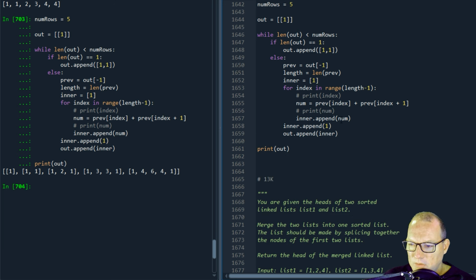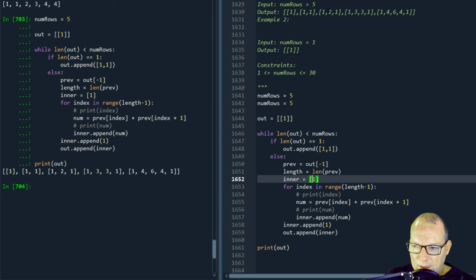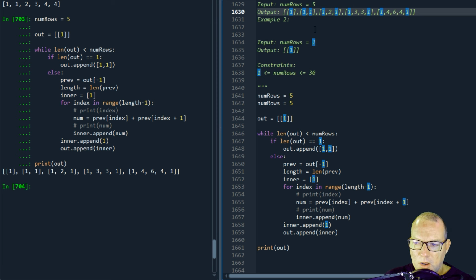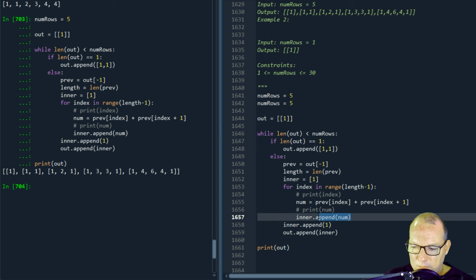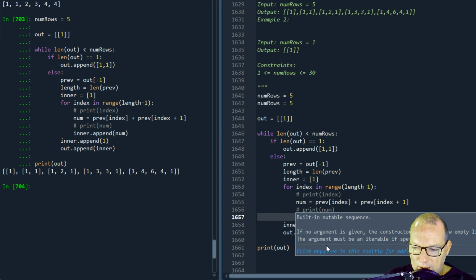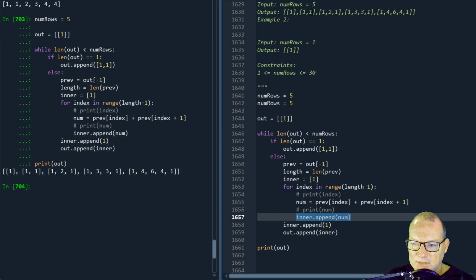Then we start our bookend. This is our first end. We start our new inner list with a 1. Then we loop through and look at the first element of our object and the next element. We add them together, append to the list, and go through until it gets to the last item.